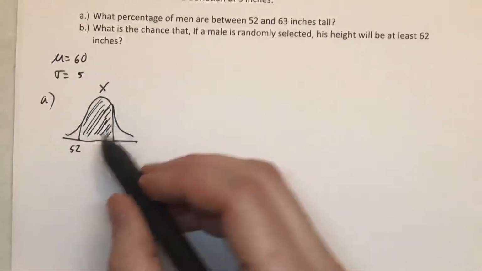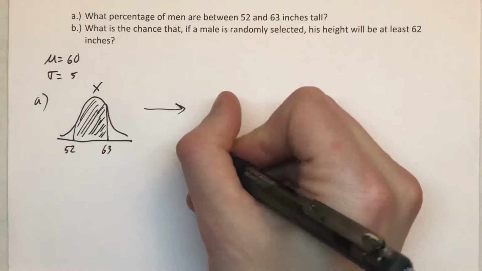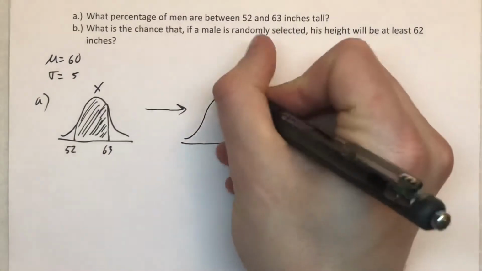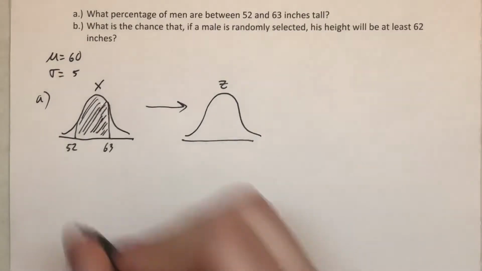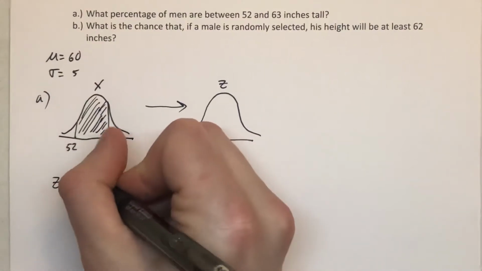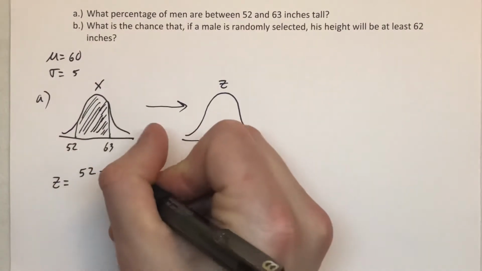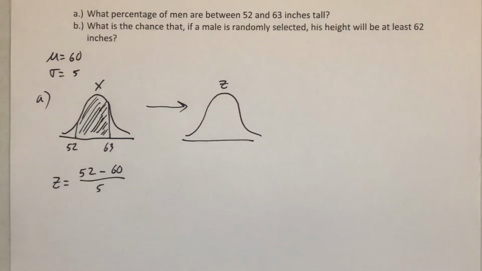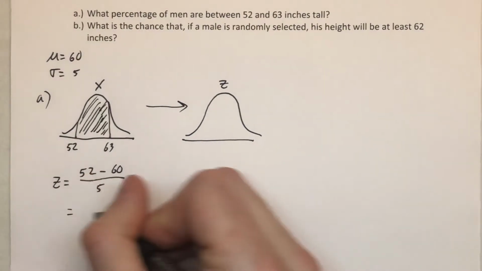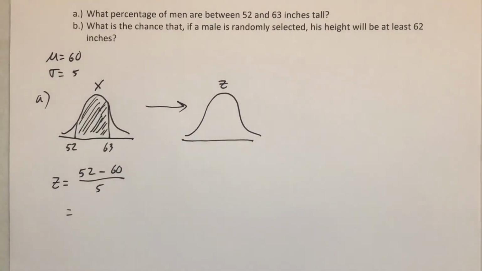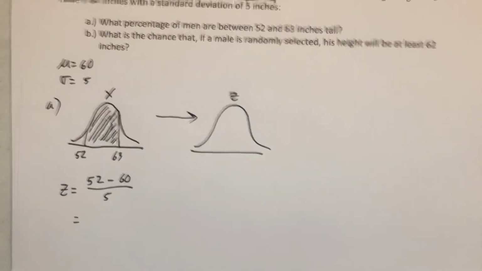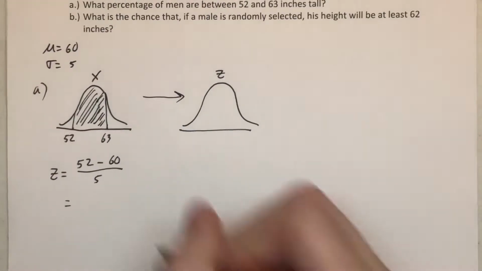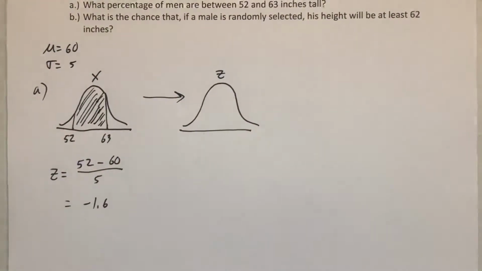Now, with that picture, I want to convert it over into z-score world. So a couple of z-scores: data value minus mean over standard deviation for the 52. So that'll be negative 1.6.